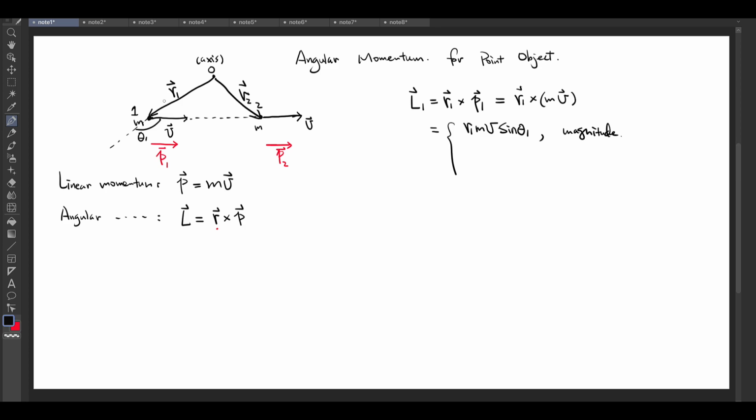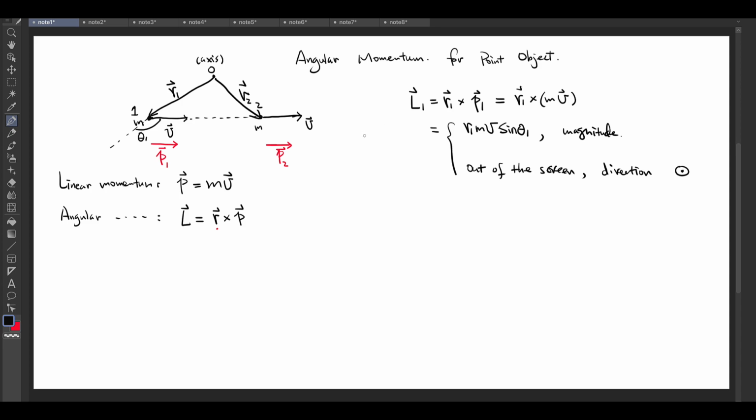If you do that, you get the direction of L1 out of the screen. Usually we have a convention that for a direction out of the screen, we use a dot in a circle to represent that direction. So that's the direction of L1.